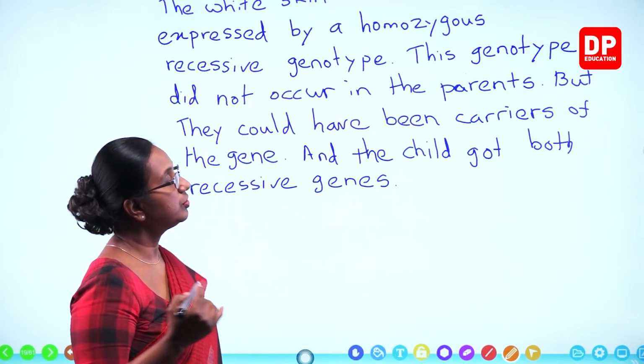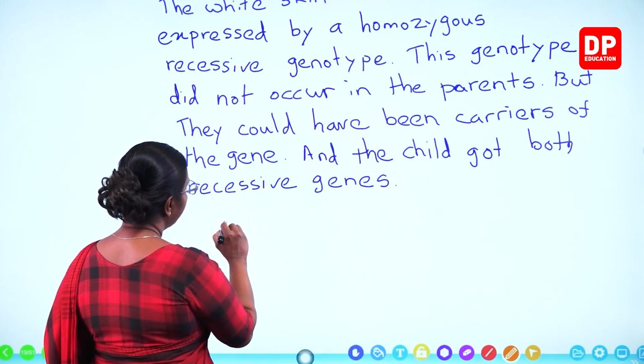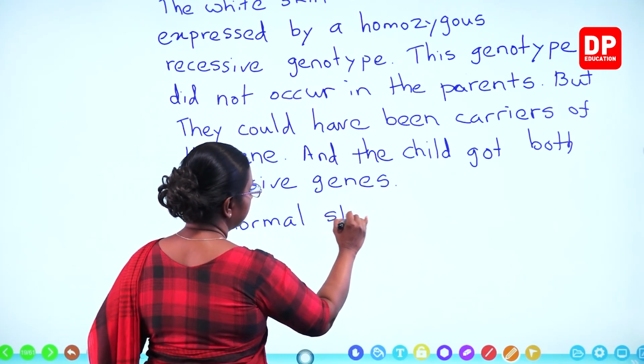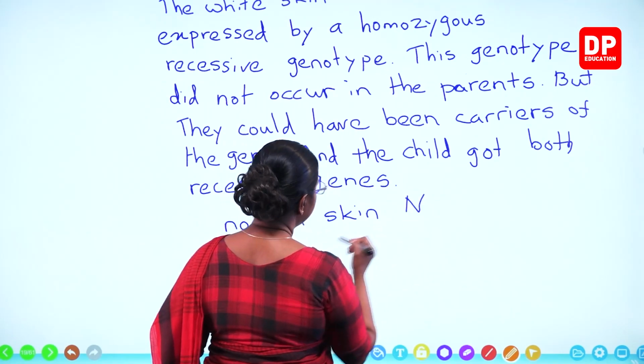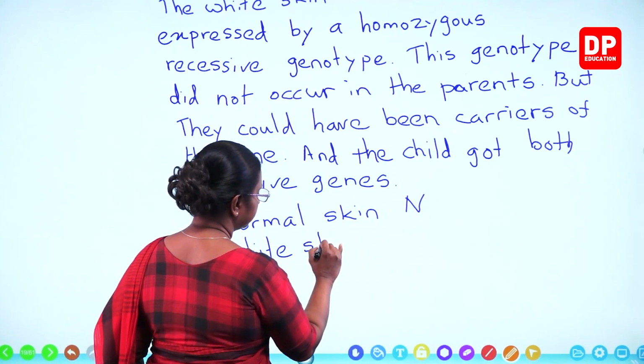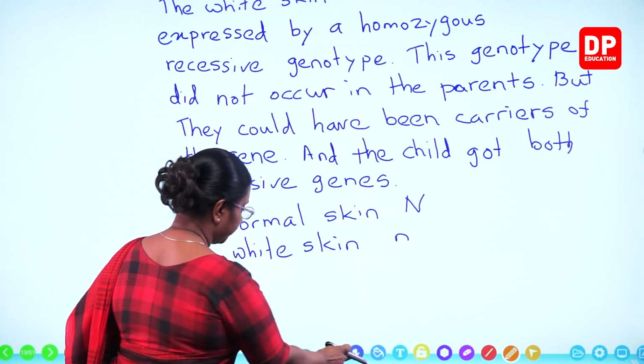So if we want to show that, let's say normal skin, I will take it as capital N. White skin, we will take it as simple N, recessive character.